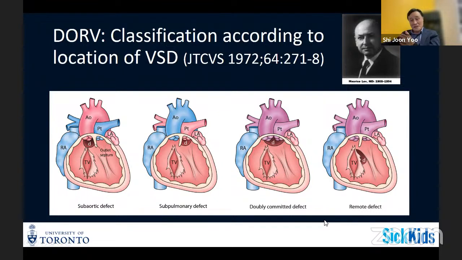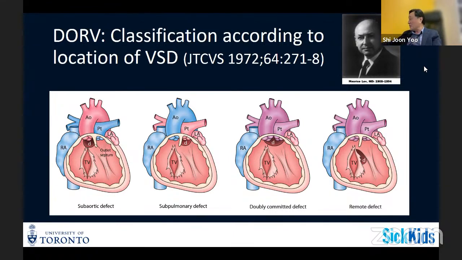Why? It is important that your reader of the recent article understands that this concept is not applicable to the whole of DORV. That concept is applicable when one semilunar valve is overriding. In those situations, most morphologists, cardiologists and surgeons understand.